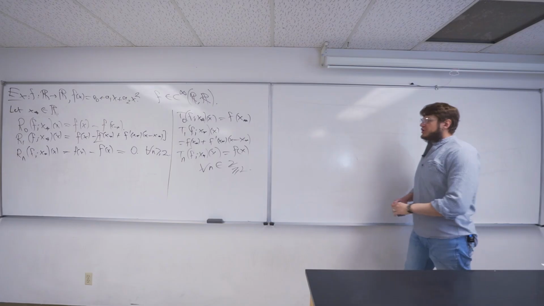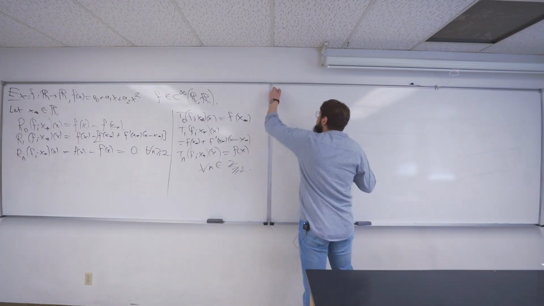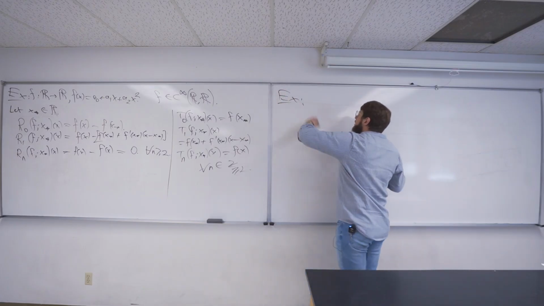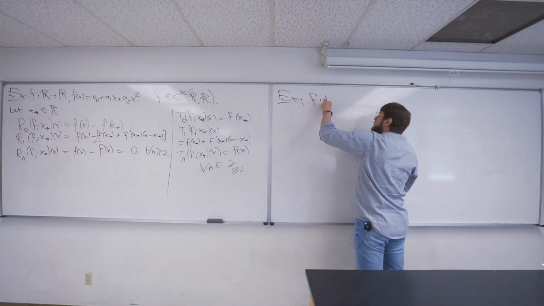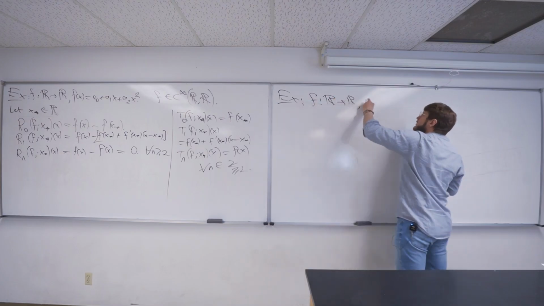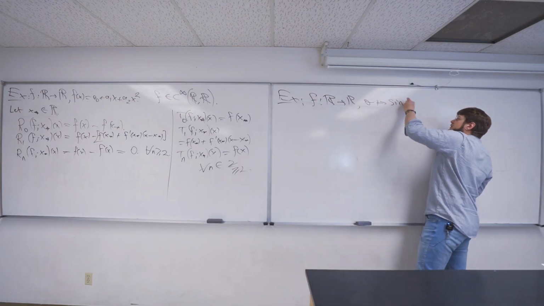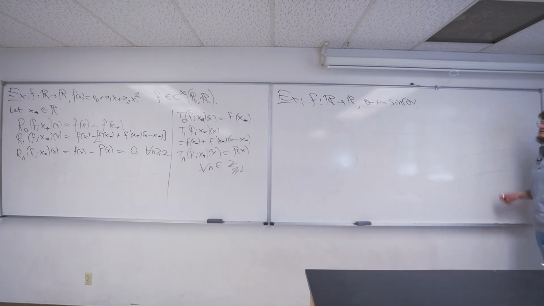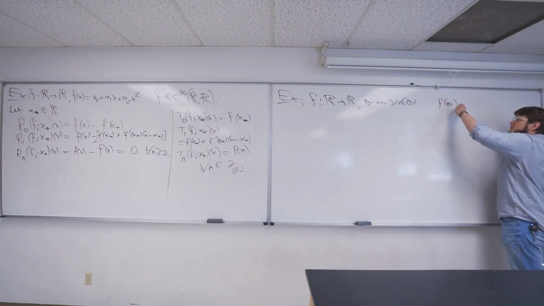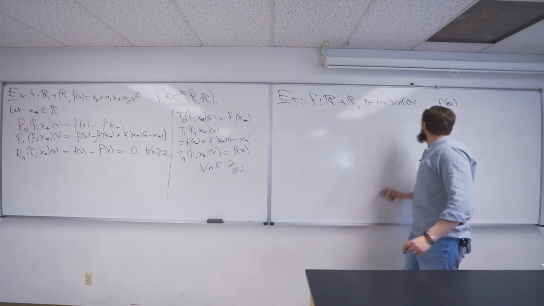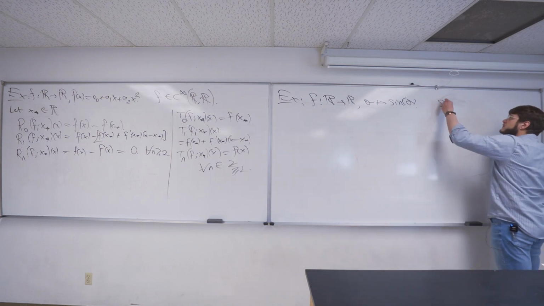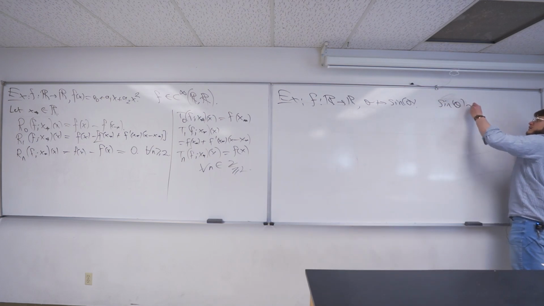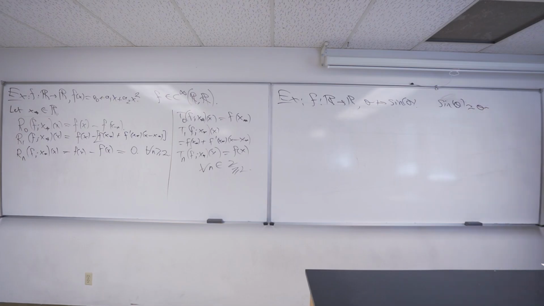We said that for small theta, with f from R to R, theta to sine of theta, one of the very important approximations is that sine of theta is approximately theta for small theta.